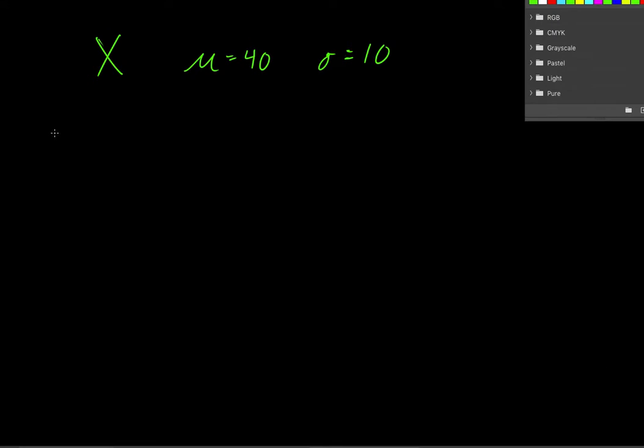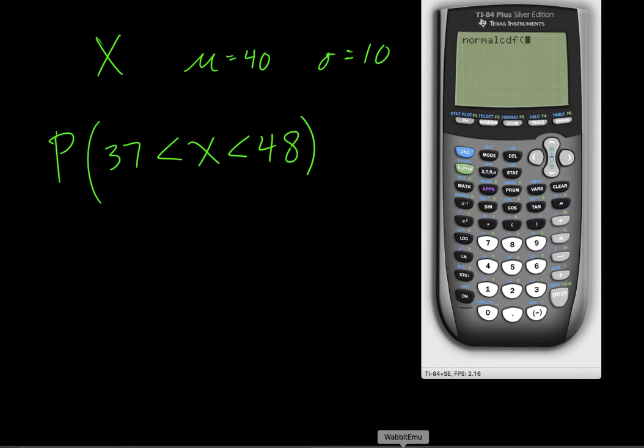And so the first problem, they want us to find the probability that if we randomly selected someone, they would be between 37 and 48. And so if we go back to that calculator, we're going to plug in our lower bound, which is 37.